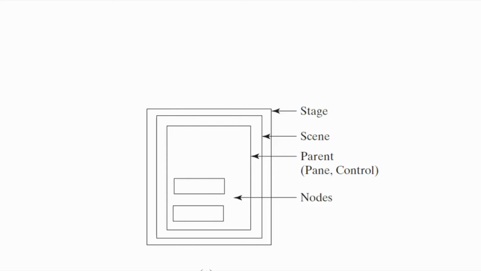By using the pane, you'll be able to organize the objects into your scene instead of doing that right away on the scene. The nodes will represent the objects, the controls that we are covering in this meeting. The nodes will be like the buttons, text boxes, labels, combo box, and other stuff.